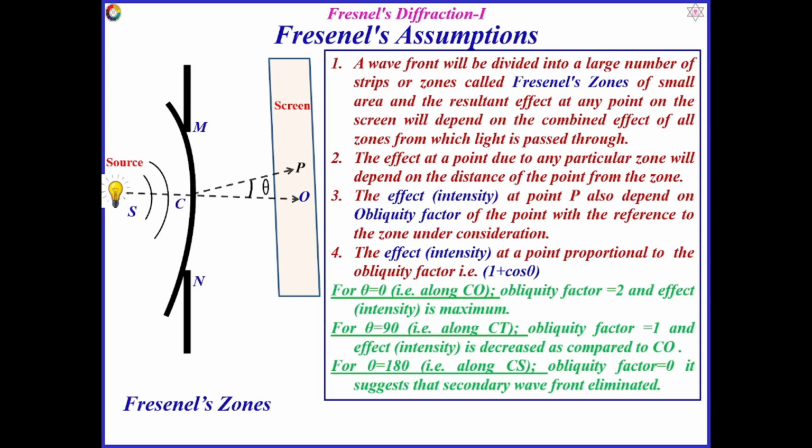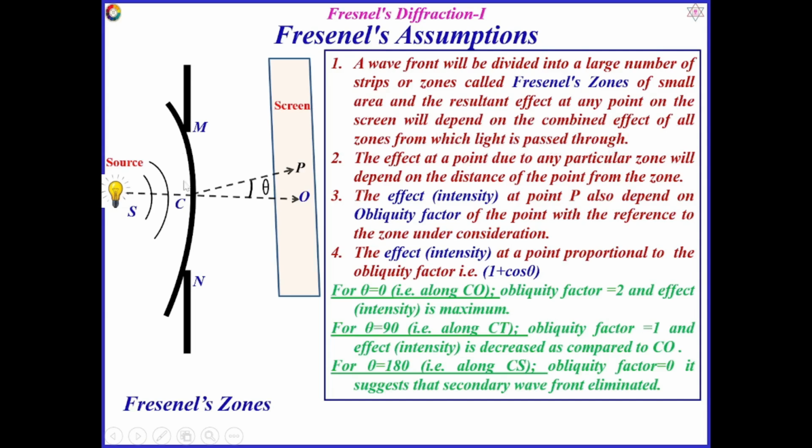So these are the four assumptions. The first one is the wavefront will be divided into a large number of strips or zones called Fresnel's zones or Fresnel's half period zones of small area, and the resultant effect at any point on the screen will depend on the combined effect of all zones from which light is passed through.